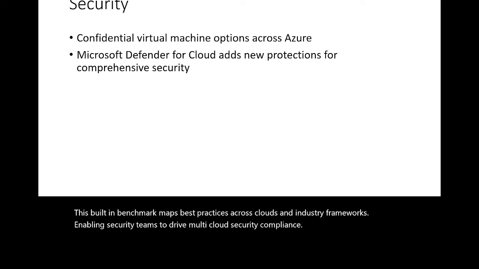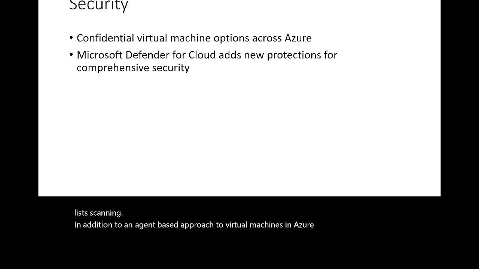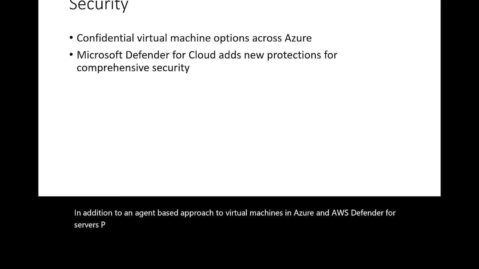Expanded workload protection capabilities. Microsoft Defender for Servers will support agentless scanning. In addition to an agent-based approach to virtual machines in Azure and AWS, Defender for Servers P2 will now provide Microsoft Defender vulnerability management premium capabilities.